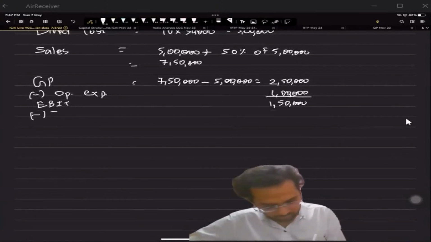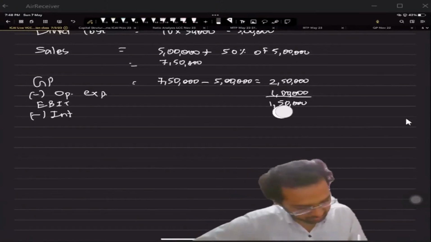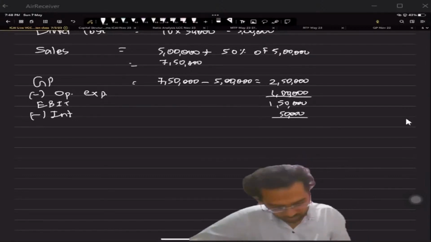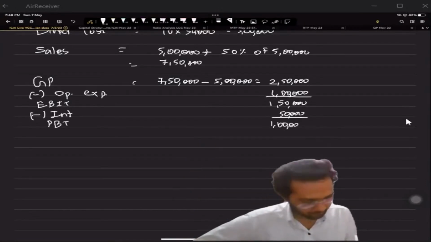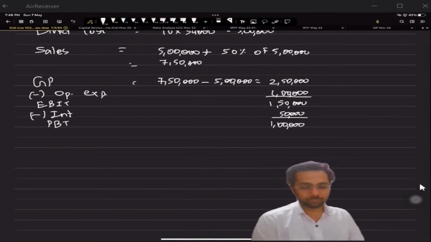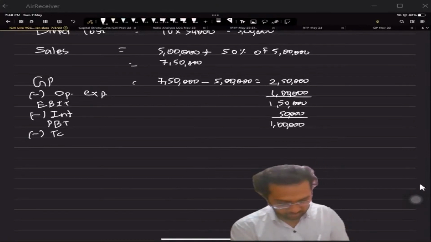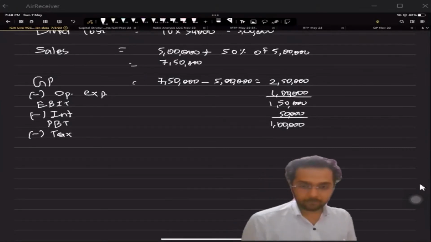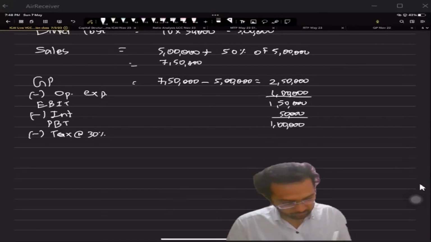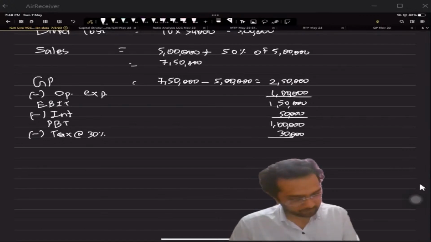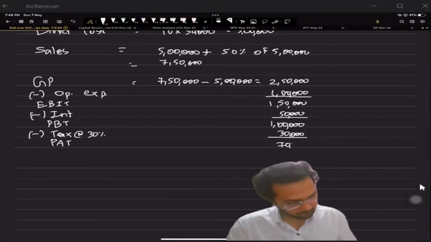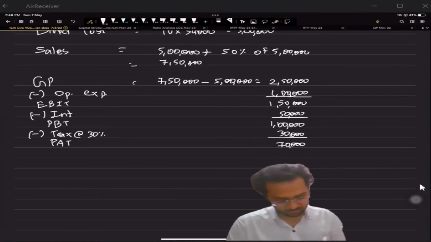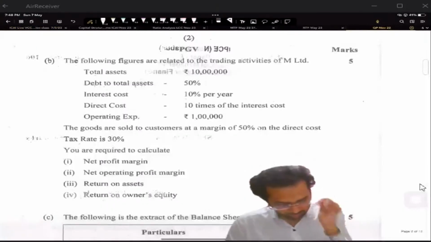From that, we will subtract the interest, which is 50,000. And then you have profit before tax of 1 lakh. From that, we will reduce the tax at the rate of 30%, which is 30,000, and you get a PAT of 70,000.